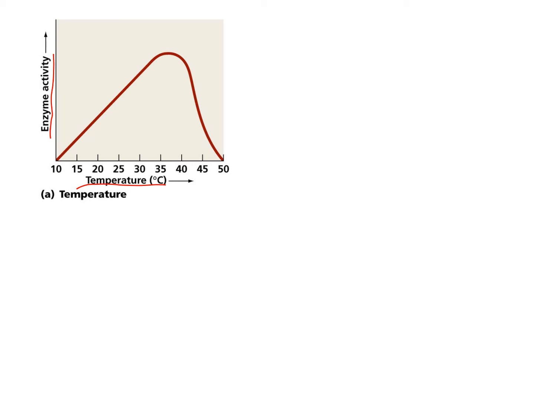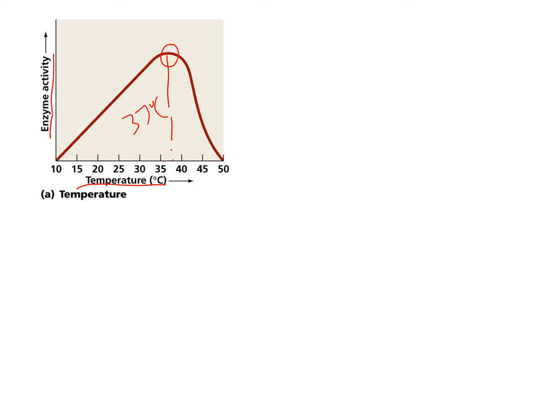And if you notice in the curve, the high point of the curve, this is what we call the optimal temperature. So it's the temperature where the enzyme works at its fastest rate and produces the most product. And it looks like the optimal temperature could be about 37 degrees Celsius, which is body temperature.